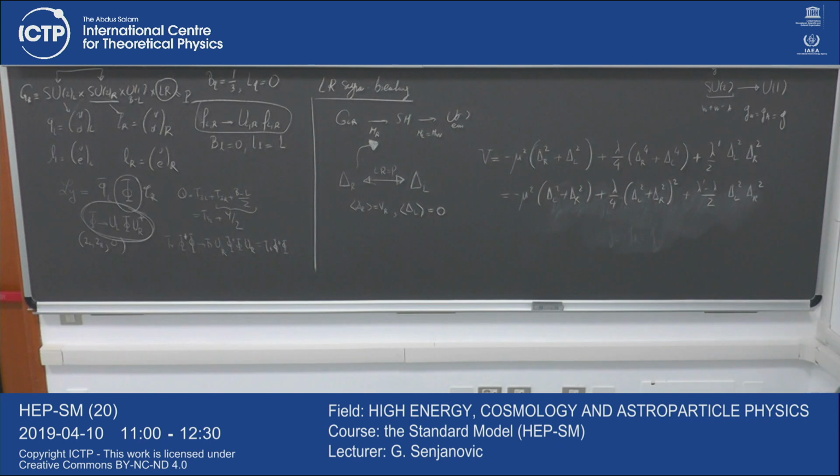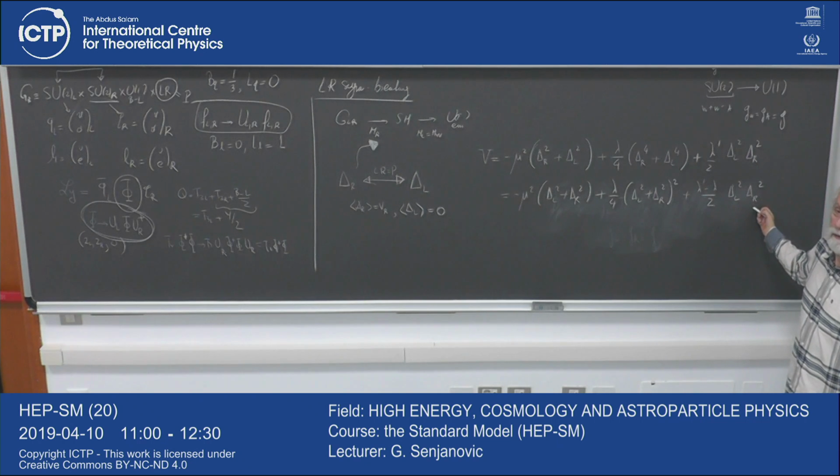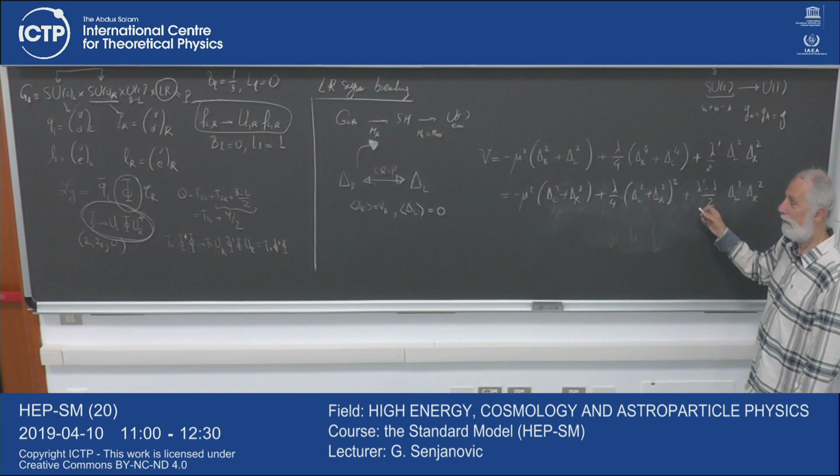Do you see what I have done? I completed the square. So I had to subtract a cross term. I can see Mahmoud struggling here. You see what I've done?